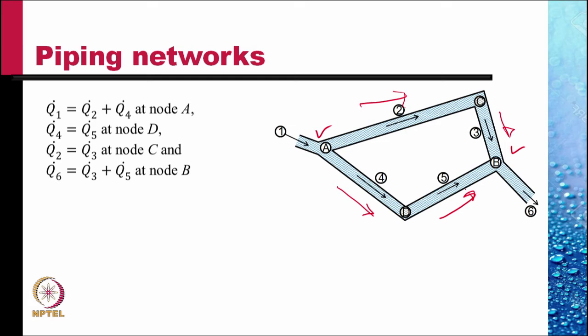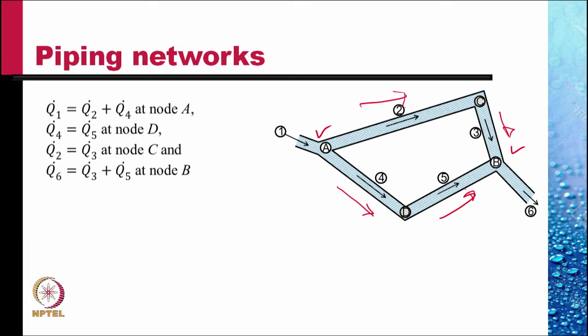The flow coming in through pipe 1 is the flow going through pipe 2 plus the flow going through pipe 4. The net flow at A should be 0. Similarly, at node D, Q4 is equal to Q5 dot. Similarly, at node C and at node B.